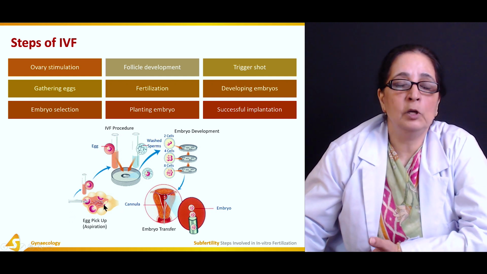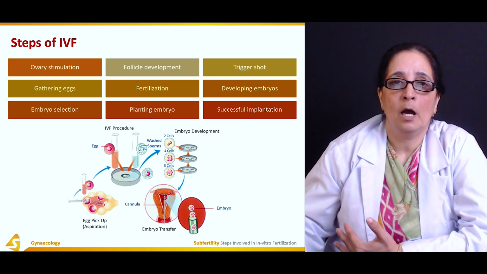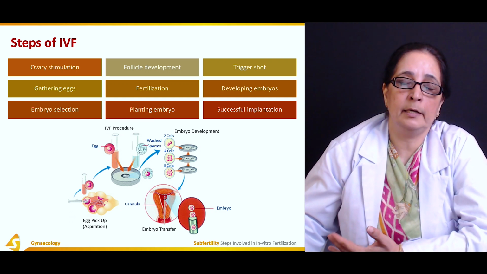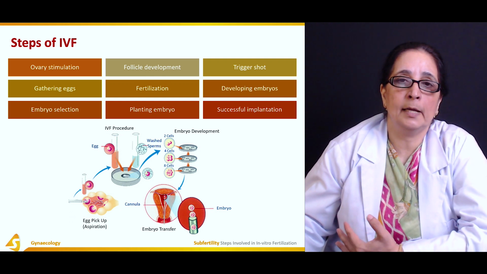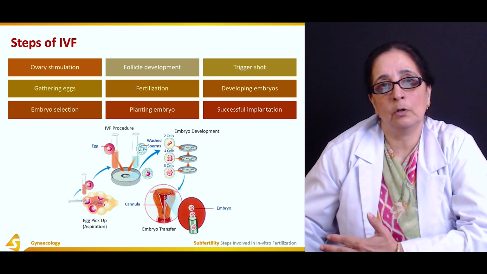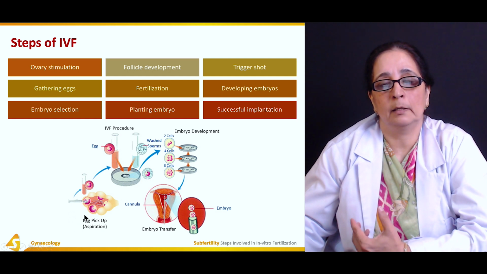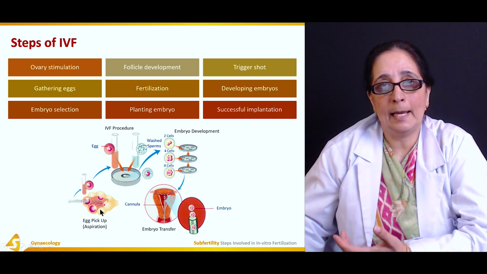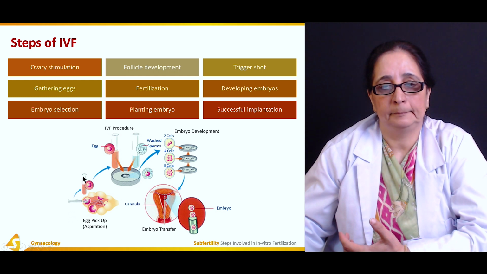After ovulation induction, we already went over how ovulation is induced, and after induction with medicines, by the time the ova are ready to come out of the follicles, they are picked up. Good, mature, healthy ova are picked up in the tube here. So first the picking up of the egg.